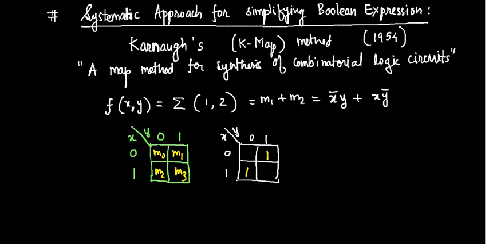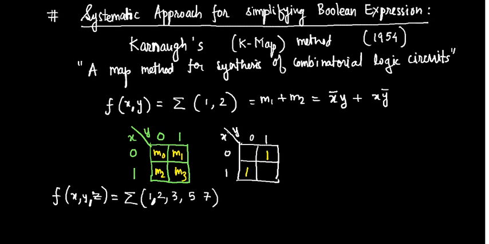Now suppose there are 3 variables, say for example f of x, y, z equals sum of 1, 2, 3, 5, 7. That's it. Then you can form again a K-map. How many variables are there? 3 variables.